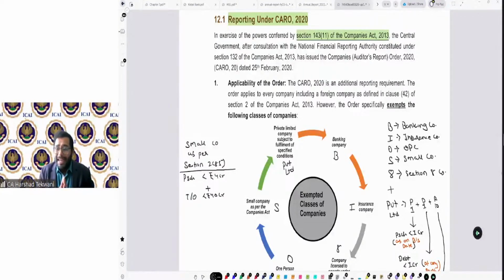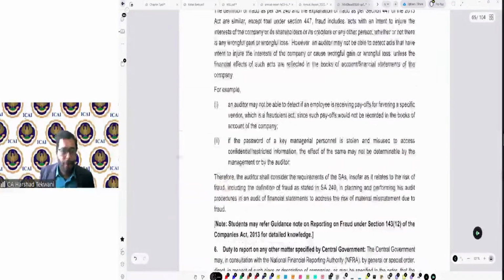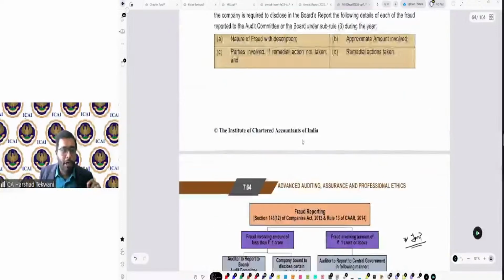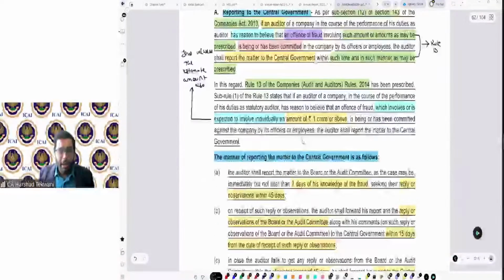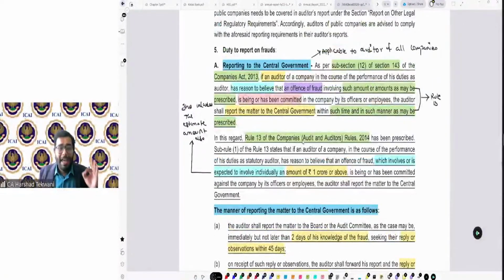But if the auditor has done that in good faith, and that's why there is an issue, I'll tell you. When I was discussing fraud reporting, we were talking about the estimated amount of the fraud, because we have a reason to believe it may come out as a fraud, or may not. Let's say, for example, the auditor writes to the central government that there is a fraud.